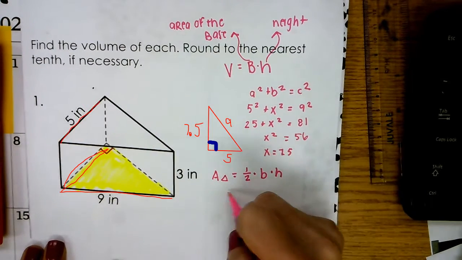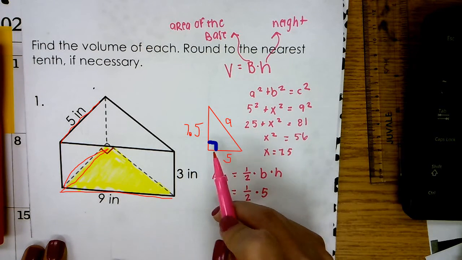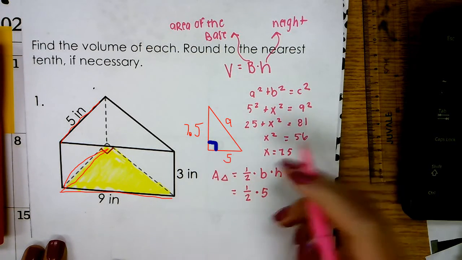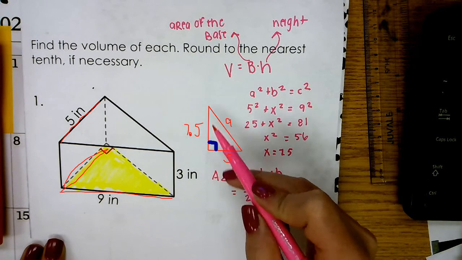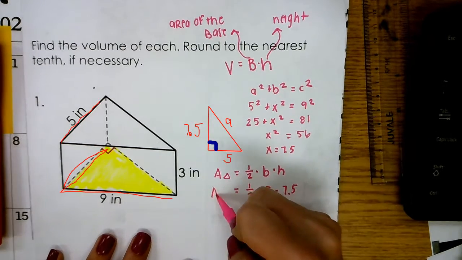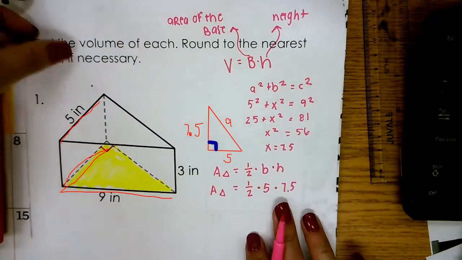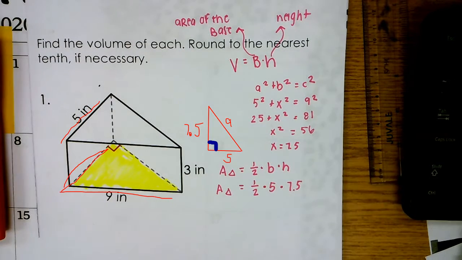So for the area of this triangle, it's going to be 1/2 times 5, because 5 is our base here, times 7.5, because if we look, that is the height of our triangle. So the area of the triangle is equal to 1/2 times 5 times 7.5.